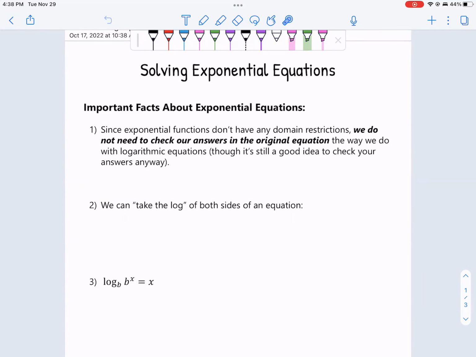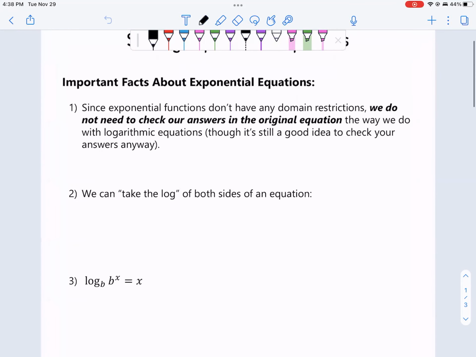Another thing is that we can take the log of both sides of an equation. So if we have something like m is equal to n, then we can apply log base b, whatever base we want, to both sides of the equation.